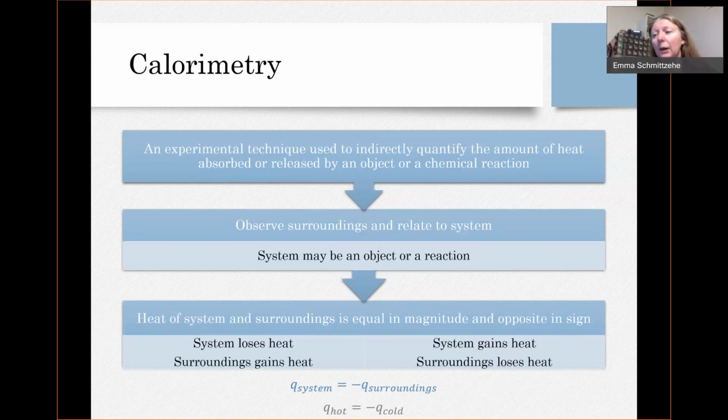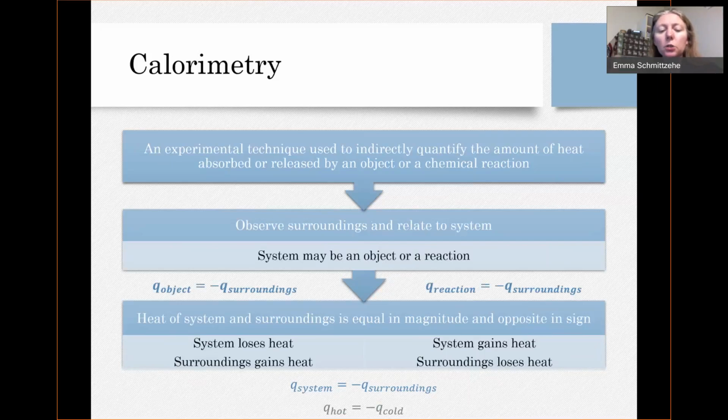That would be if we're definitely talking about just taking this hot object and putting it in cool surroundings, or taking this cold object and putting it in hot surroundings, okay? The heat associated with the temperature change that ends up occurring are equal, but have an opposite sign. And so saying Q of system equals negative Q of surroundings is the more generic way to say that.